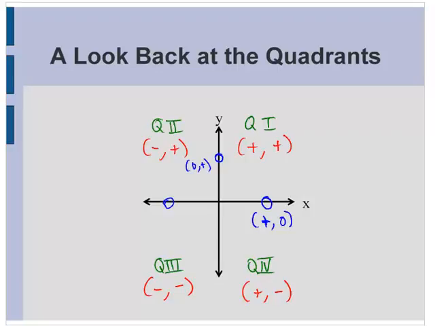A point left of the origin would look like negative, 0, and a point directly below the origin would look like 0, negative. That takes care of all of the points but one. That point smack dab in the middle, the origin, has the ordered pair (0, 0).